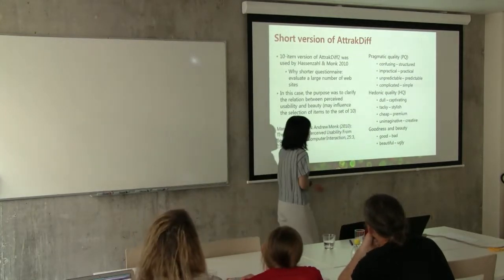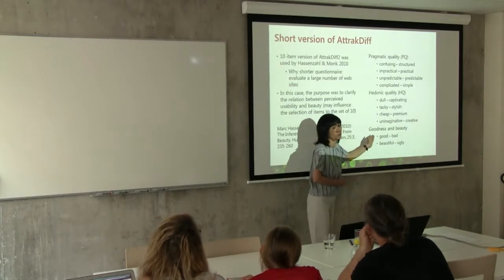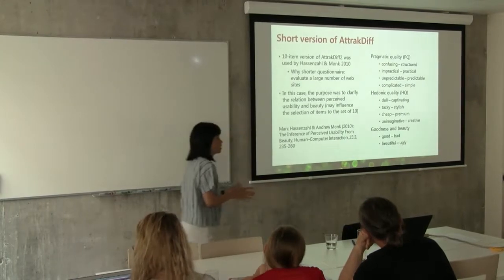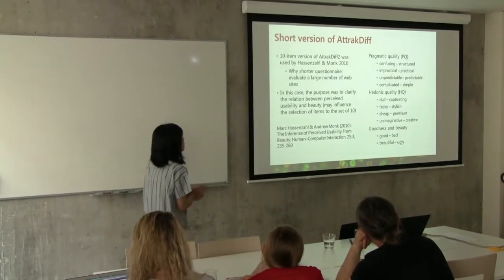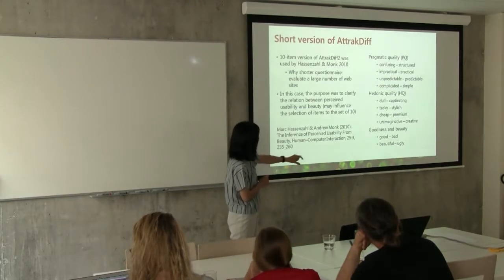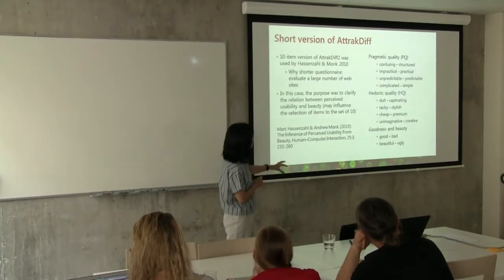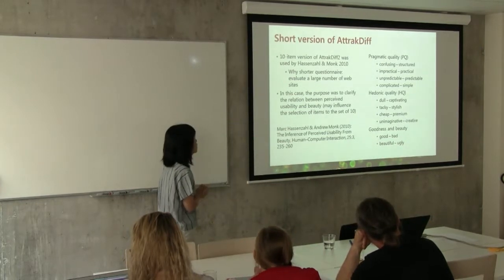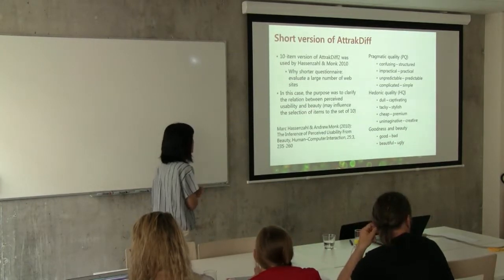Goodness and beauty just use 1 item each to measure. There's an argument about whether 1 item like this can really capture the construct, but we're not going into details. This is the reduced version of 10 items, validated quite recently in a 2010 paper.